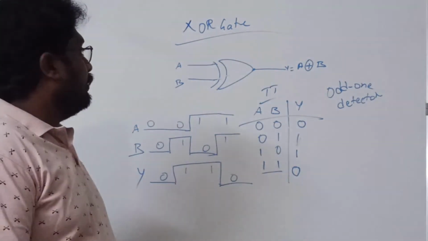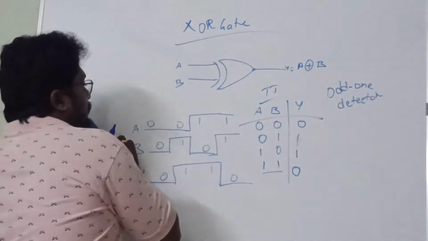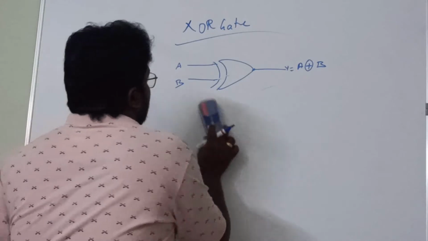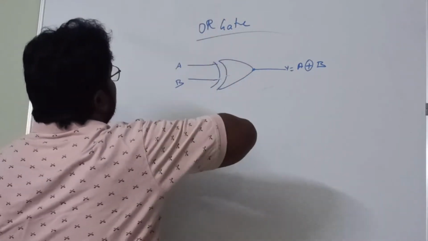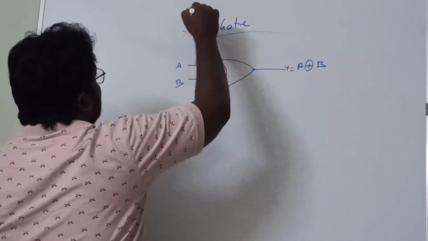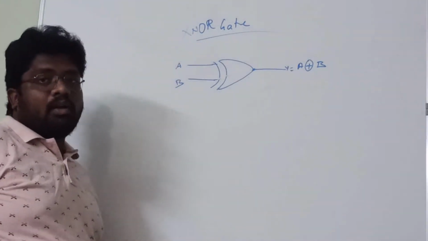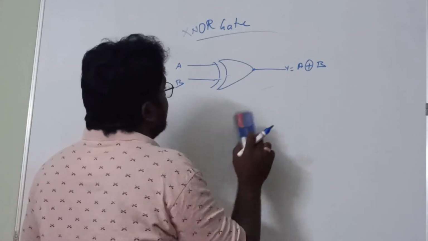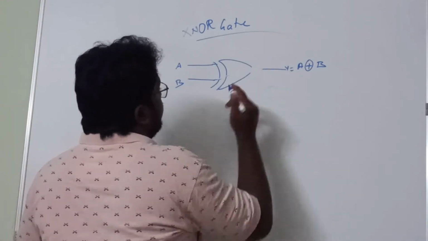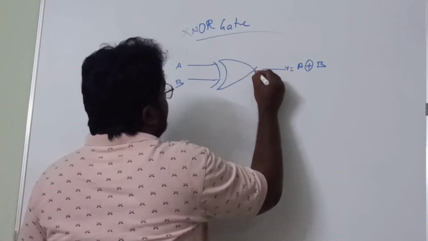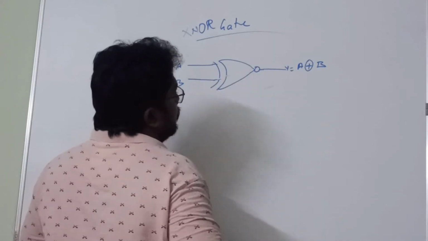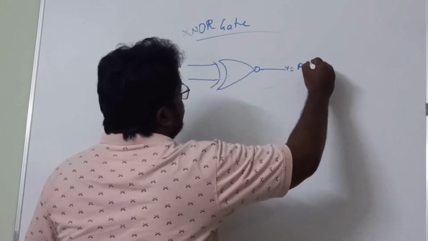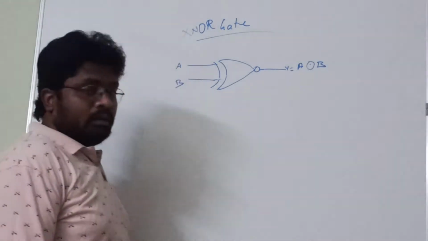So now let us see about the XNOR gate. This XNOR gate is an even one detector. This is nothing but just here we are placing the NOT symbol, then it will become the XNOR gate.